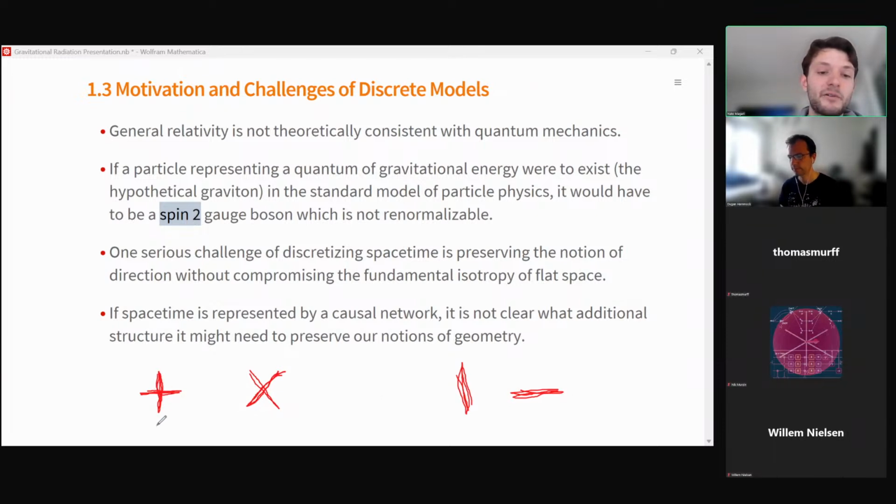But if we think about a gravitational wave, if we were to try to quantize it, it has this property of having twice as many polarization states per rotation. And so that's why it would be a spin 2 particle, whereas the photon is a spin 1 particle.